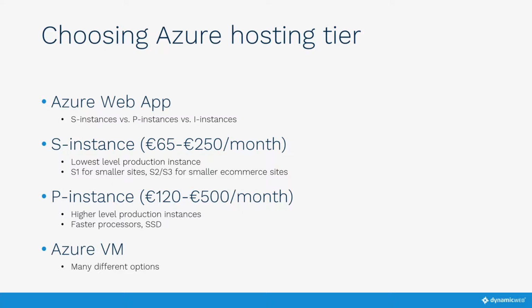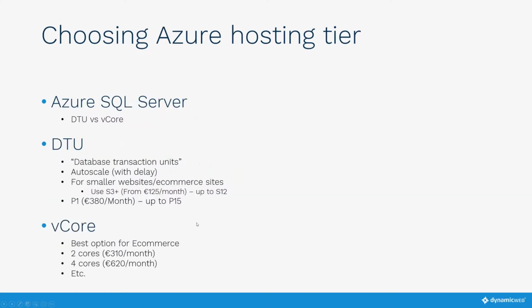You definitely need something with a fast IO, choosing something with SSD disks. And you also need relatively high amounts of memory in these Azure VMs. But there's so many different types, and I'm not going to cover those from now on in this presentation.